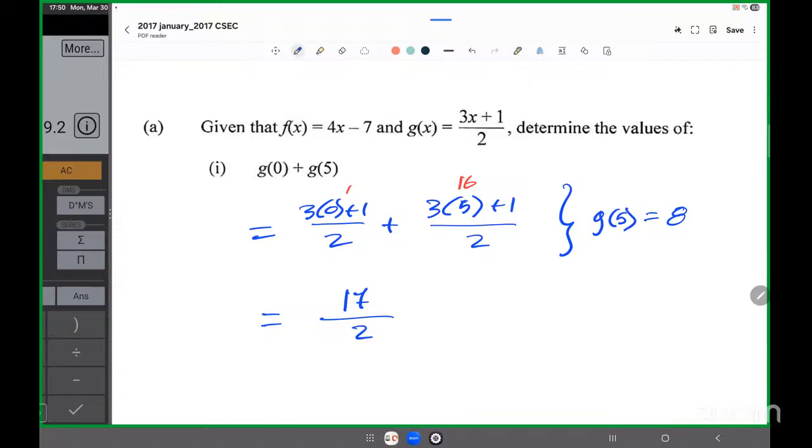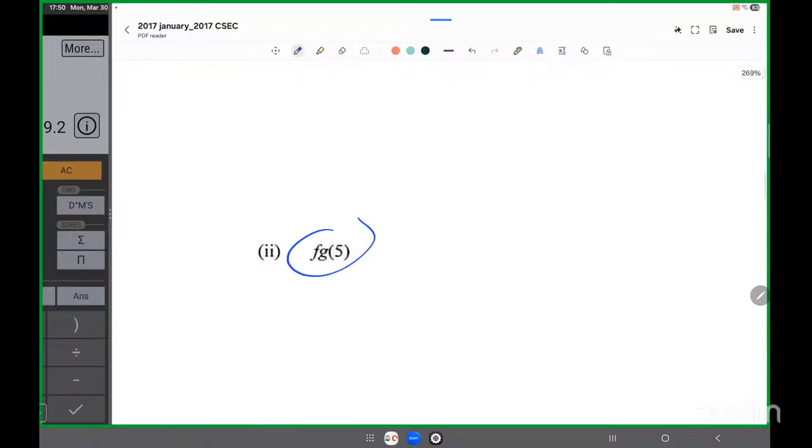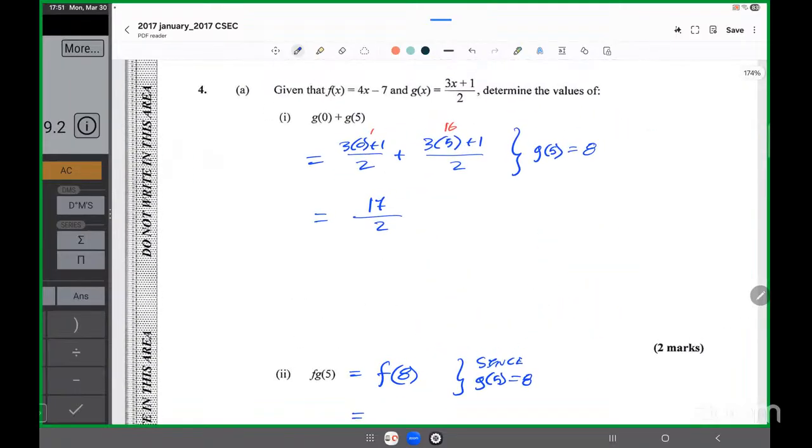So g of 5 is 8. All right? So down here now, we want to find f of g of 5. It's the same as f of 8, since g of 5 is 8. So we calculate f of 8 now. That means we're going to put 8 in the f function, right up in here.